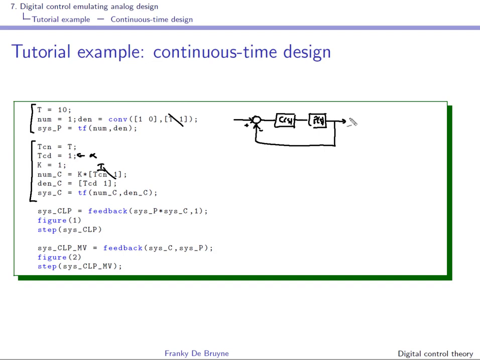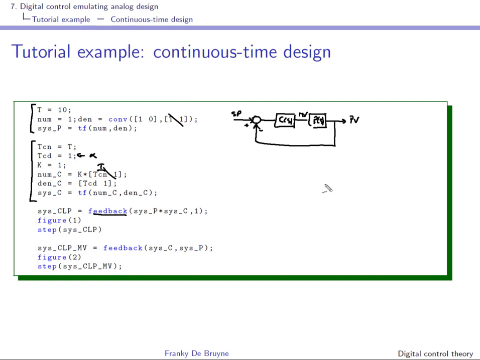Let's call this PV, SP, and MV. What we want to simulate is the transfer function from set point to process value, and from set point to manipulated value, or input of the system. You can use the feedback command in Matlab.